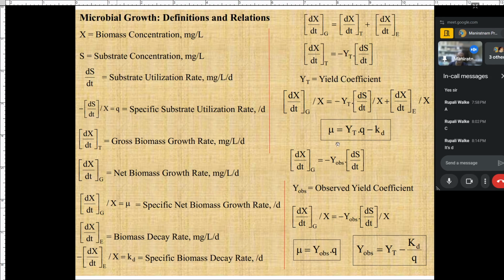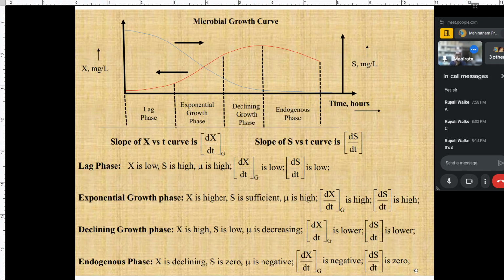Similarly you can substitute here, and you will get a relationship that mu, that is the specific net biomass growth rate, is equal to the observed yield coefficient into q. You can rewrite it by substituting mu from here, and you can find the relationship between the theoretical yield coefficient Yt and the observed yield coefficient: Y observed equals Yt minus kd by q.